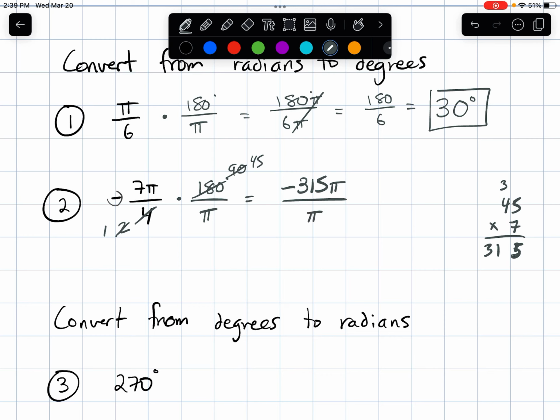Again, how that worked out, negative 7 times 45 is negative 315. We still have a pi on top and a 1 pi on the bottom. So now that we've got this negative 315 pi over pi, we can just cancel this out, and this is going to give me negative 315 degrees. Okay, so that'd be our answer.